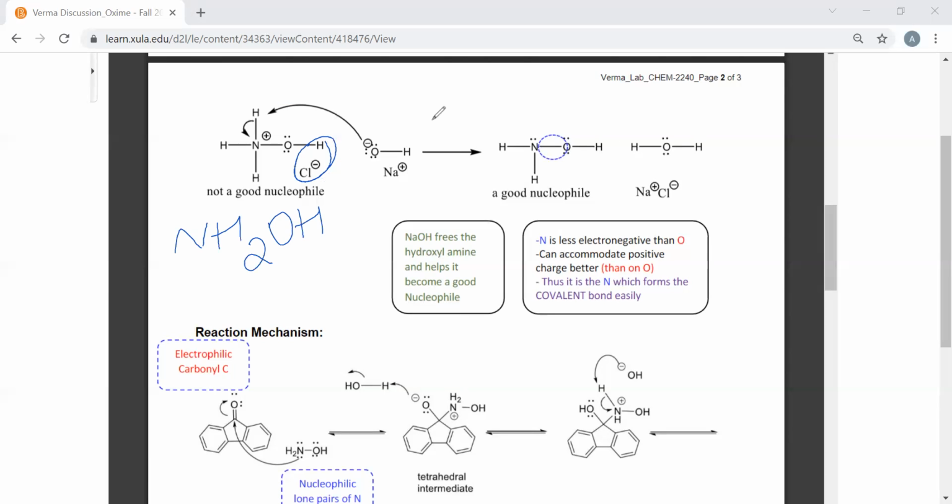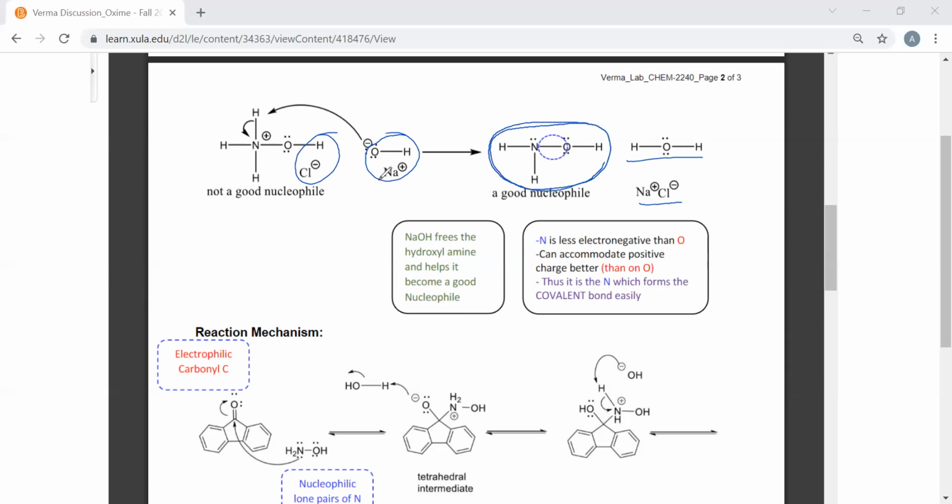So the purpose of using sodium hydroxide, which is also your starting material in this experiment, is only to free up the hydroxylamine. Sodium hydroxide will react with HCl, neutralize it to form water and sodium chloride, and in the process, free up the hydroxylamine.